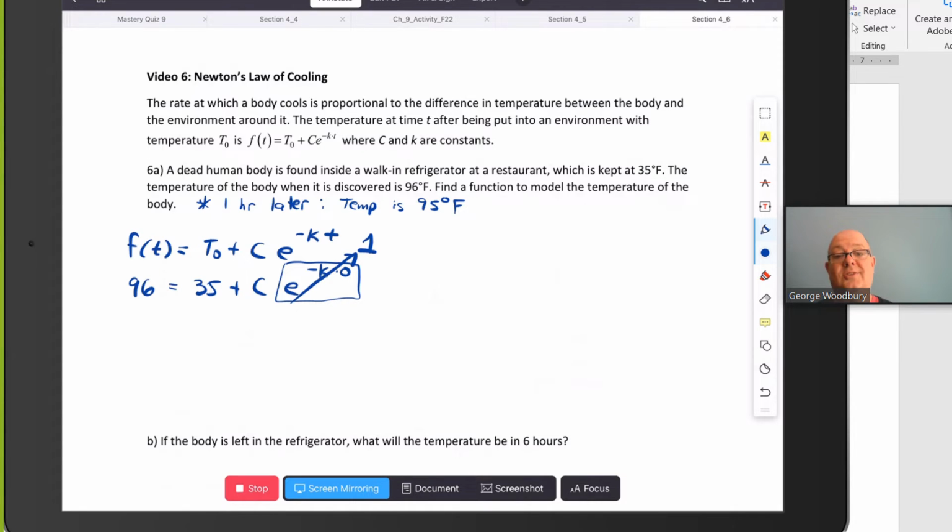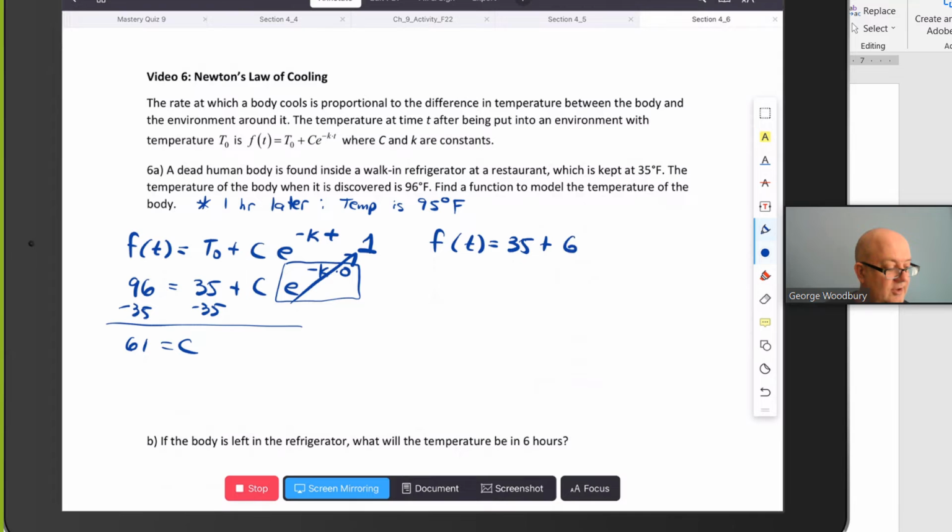So we're left with 96 equals 35 plus C. When we subtract the 35 over, that constant is 61. Again, it's just the difference between the environment and the initial temperature. So updating our model, f of t equals 35 plus 61 e to the negative kt.